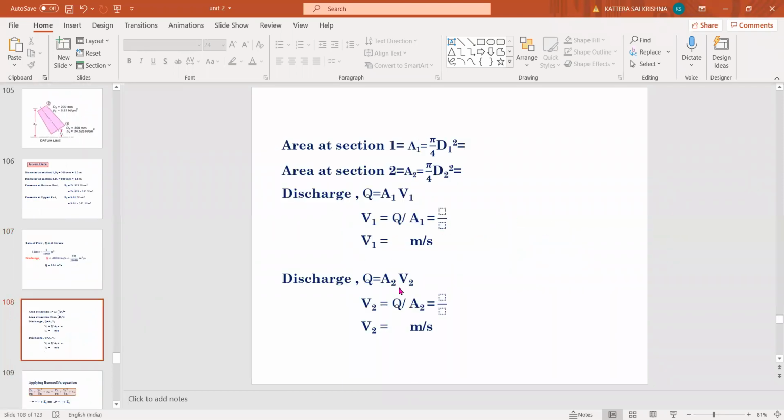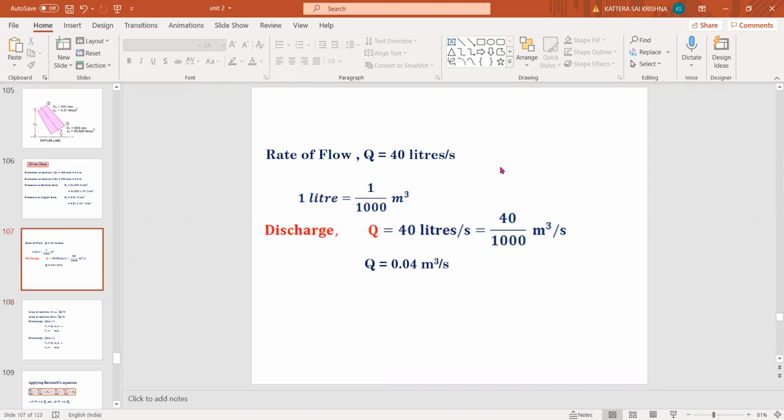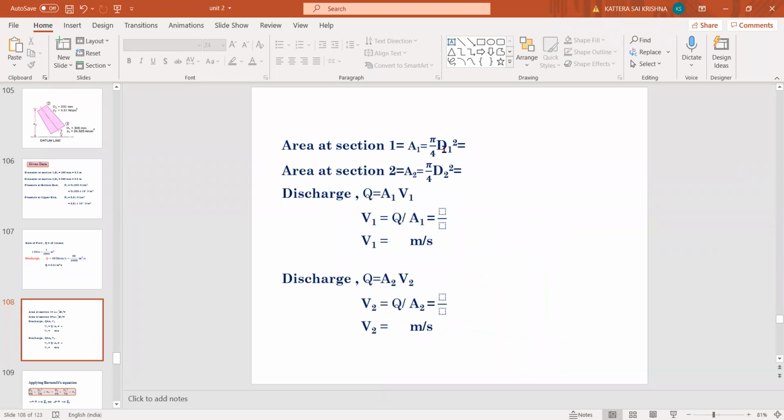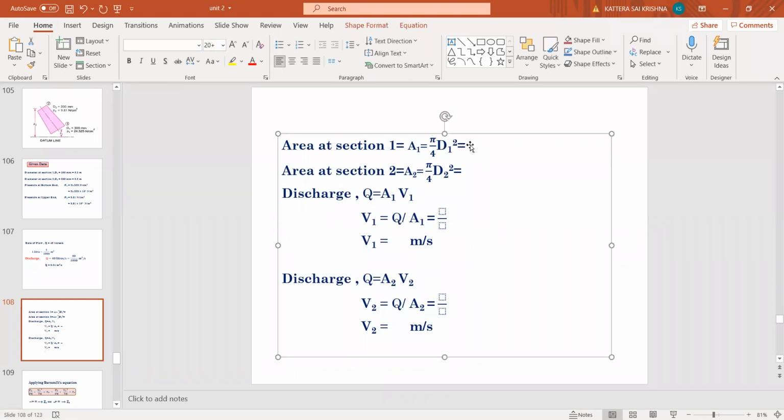Next, area at section 1, A1 equals pi by 4 D1 square. D1 is 0.3, so substitute pi by 4 into 0.3 square to get the area value. Tell me the value of area. 0.0706, sir.